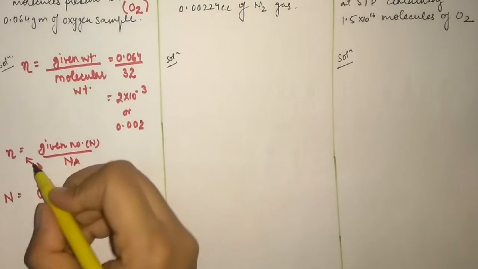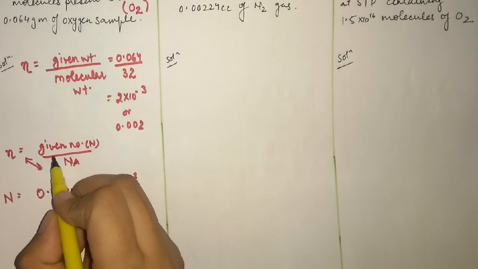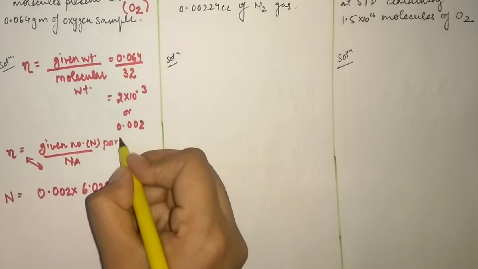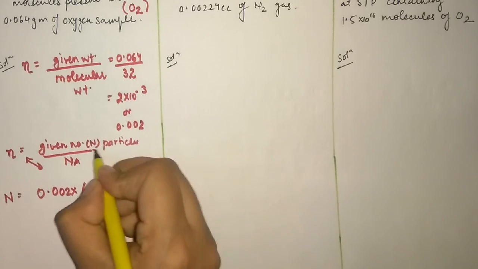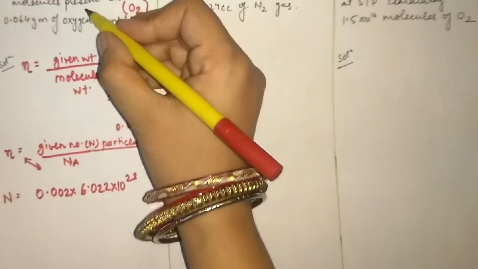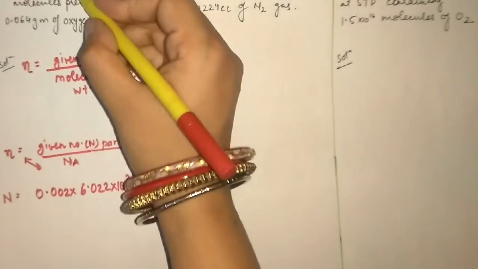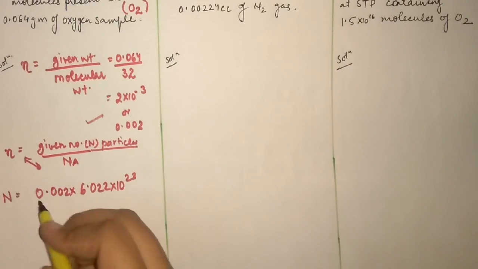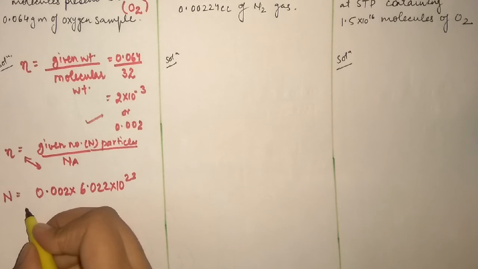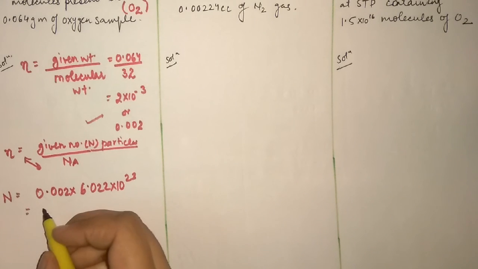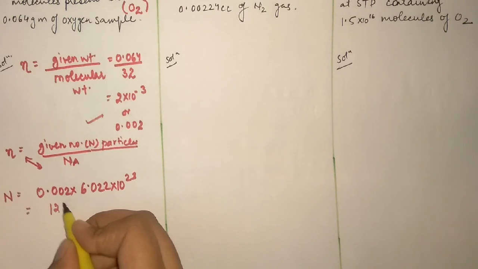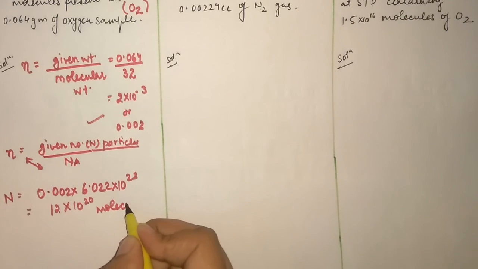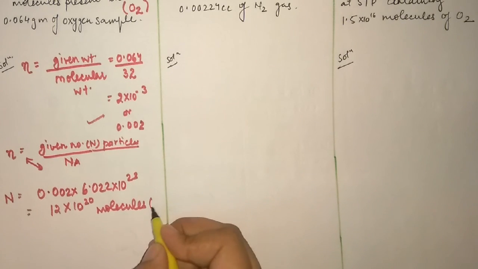See how this is happening. Just now we have studied that n is also equal to given number of particles divided by Avogadro number. Now you have to calculate the given number of particles over here, because we need to find the number of atoms and molecules. You already have calculated n, so you can cross multiply and find the given number of particles. If you calculate this, it will come out to be around 12 into 10 raised to 20 molecules. Why molecules? Because you are considering O2.